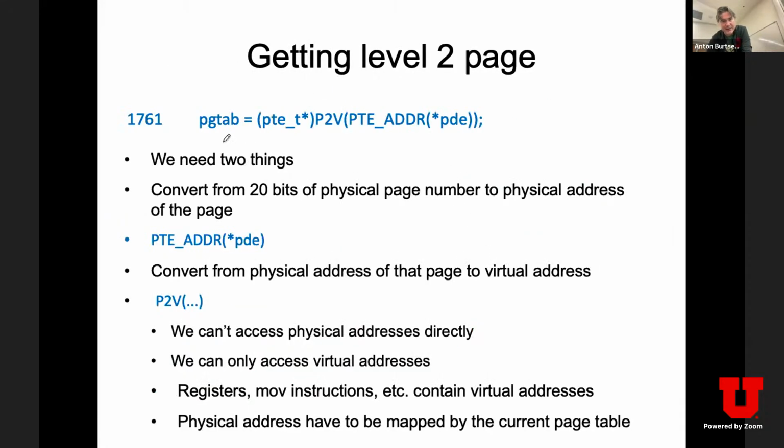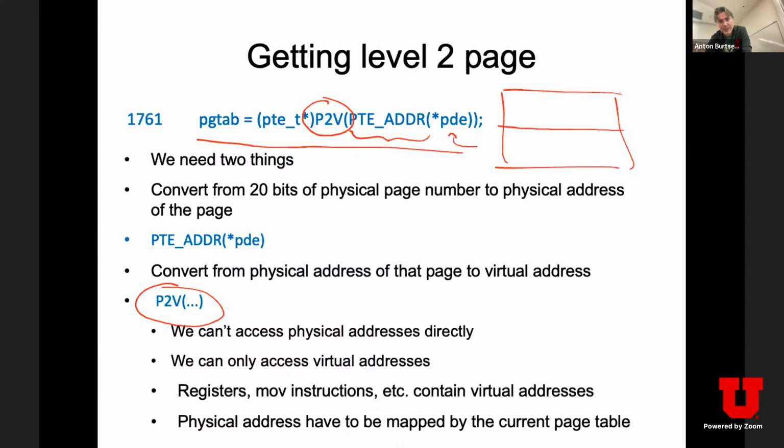So this is the line which is used in code, and it uses a couple of macros. The first macro just extracts the bits of the physical address itself, right? That's very easy, you just mask the rest. However, there is a second macro here, which is P2V, right? Because really what you're doing here is this page directory entry, an entry in a page table, right?